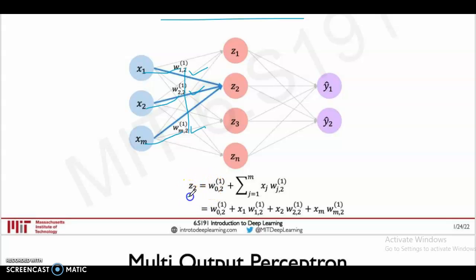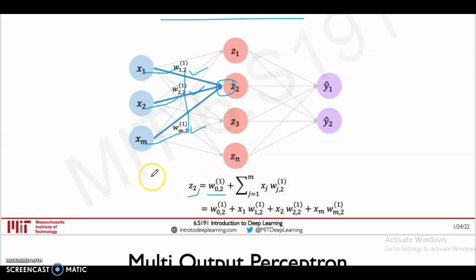So for Z2, for example, w0,2, something wrong is there. Z2 means 2 comma 2 will come.